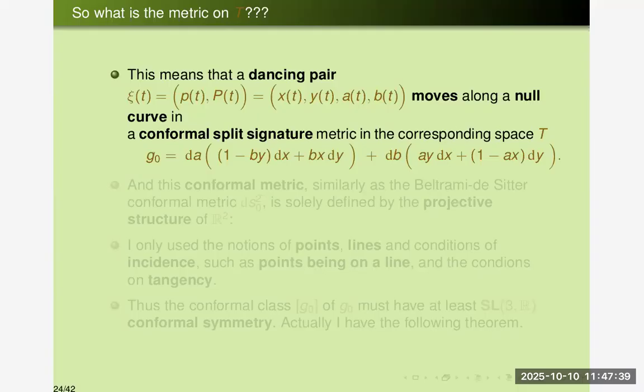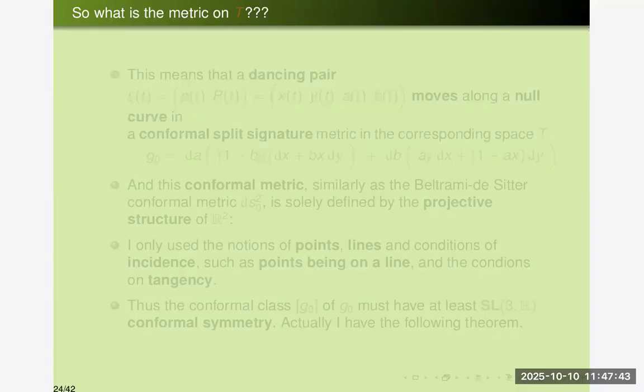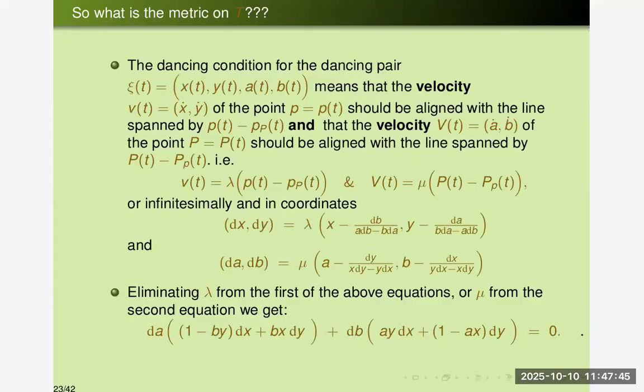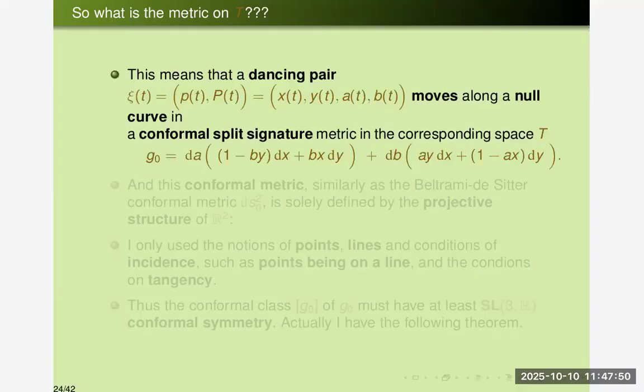And now we can see that this metric is strange. First of all, it's conformal because the only thing I require is just that this is 0. So actually, there is a conformal metric defined on this correspondence space.